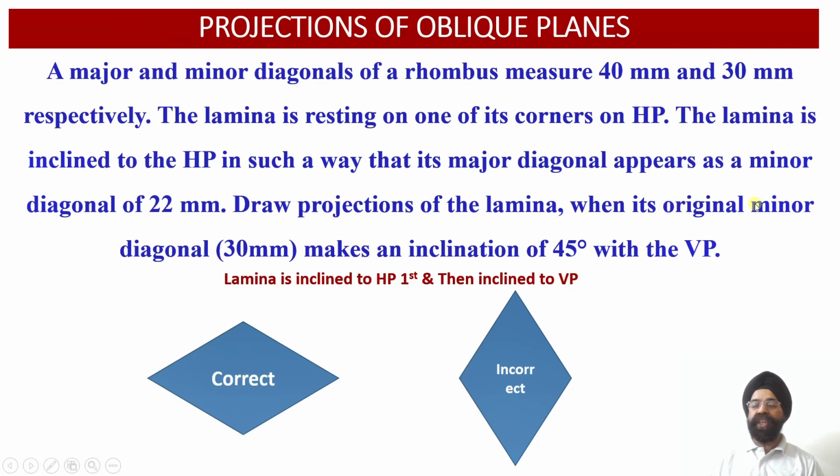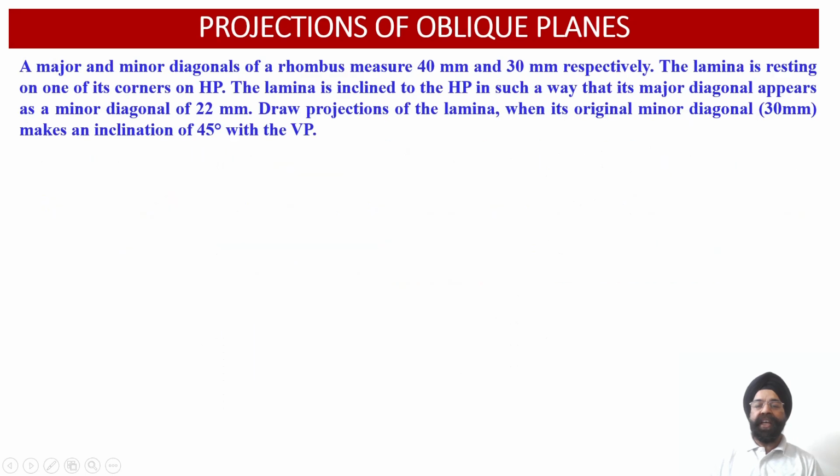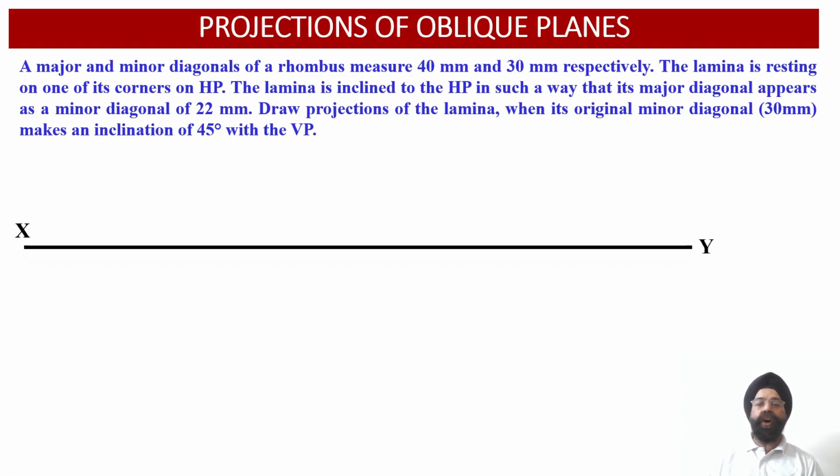So this original minor diagonal, which measures 30 millimeter, is further inclined at an angle of 45 degree with respect to the vertical plane. So that is why orthographic projections of an oblique lamina which is inclined to both HP and VP need to be obtained in this particular case. So let us proceed with the construction of the orthographic projections of this oblique lamina.